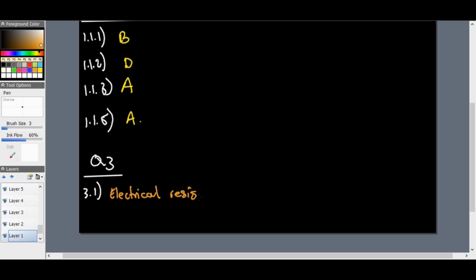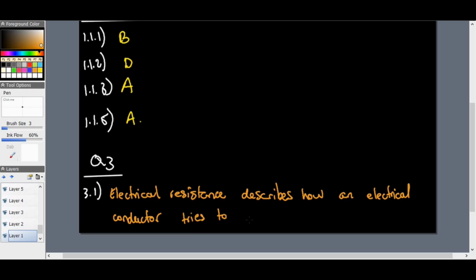Electrical resistance describes how an electrical conductor, for example a wire, tries to stop the flow of current. How it tries to stop the flow of current.